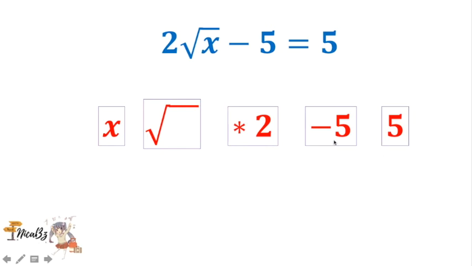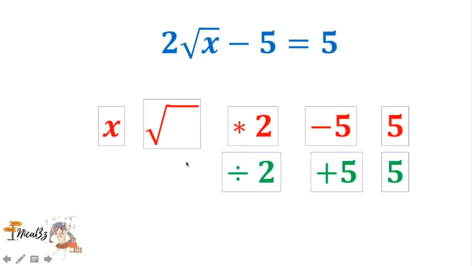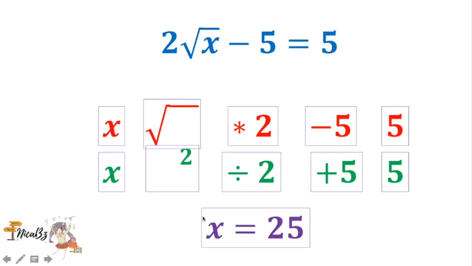So we plus 5, we divide by 2, we square it so we can get x. Let us start. 5 plus 5 is 10, divided by 2, it's 5. You square it, the answer is 25. So for this equation to be true, x must be 25.